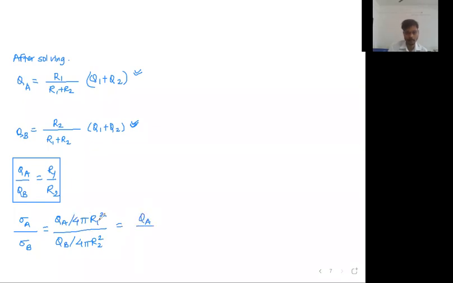This becomes QA upon R1 square, and this is QB in the denominator, and this R2 square in the numerator. If you arrange it properly, you will get it like this: QA upon QB is equal to R2 upon R1 bracket square.